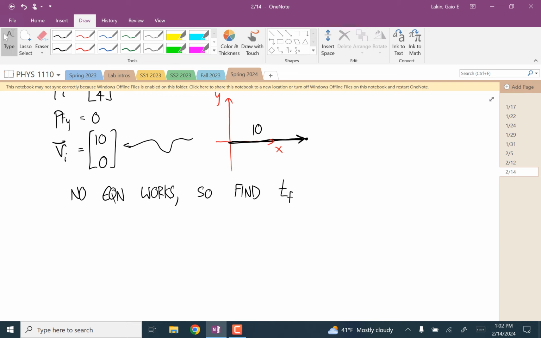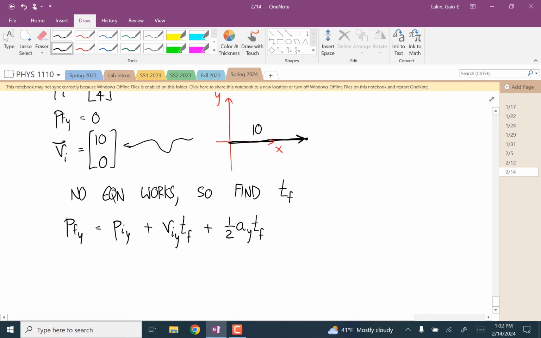And the equation that works for time final is Pfy equals Piy plus Viy times tf plus 1/2 ay tf squared.